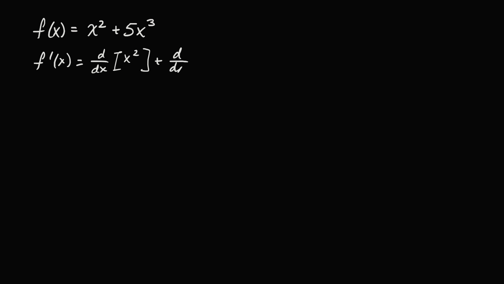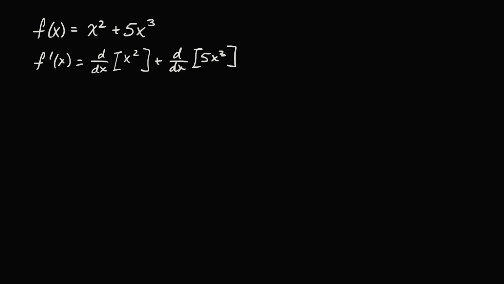So we have the function f of x is equal to x squared plus 5x cubed, right? That looks simple enough. Now, what is the derivative of this? So the derivative of this, without using the difference quotient and only using the rules that we applied, is just going to be the same thing as d over dx of x squared plus d over dx of 5x cubed.